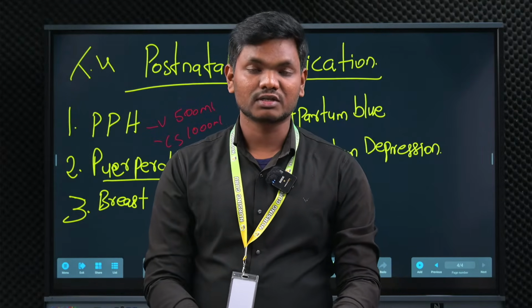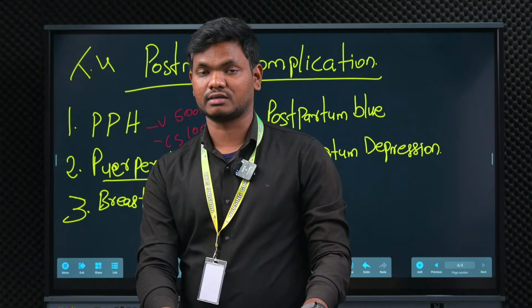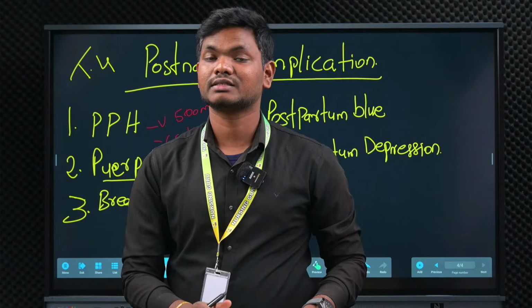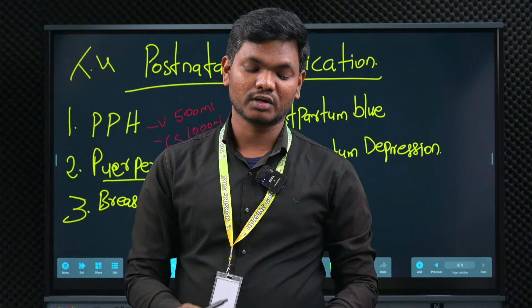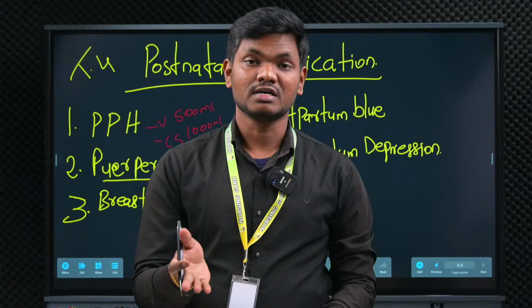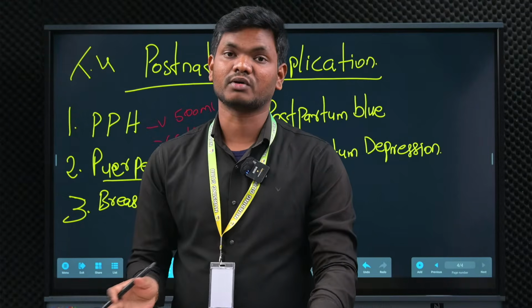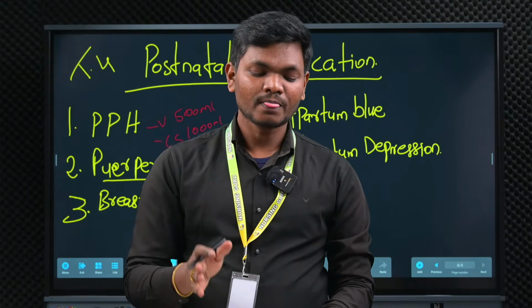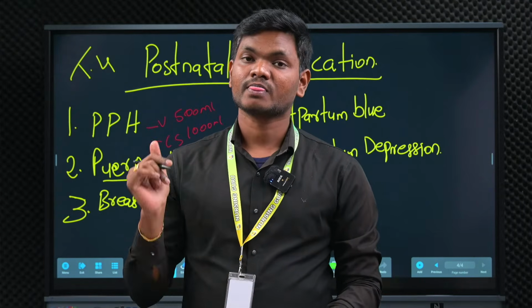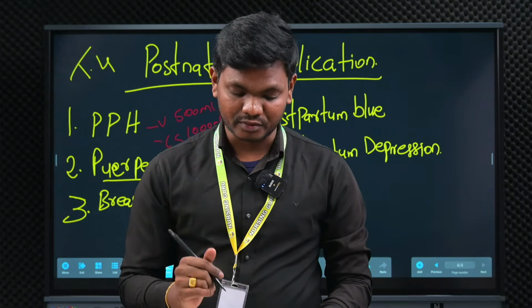The next one is prolonged labor, when the mother is exposed for a long time. In the last section we discussed what prolonged labor means, taking a long time, especially in the second stage. During prolonged labor there is a chance of developing puerperal sepsis.